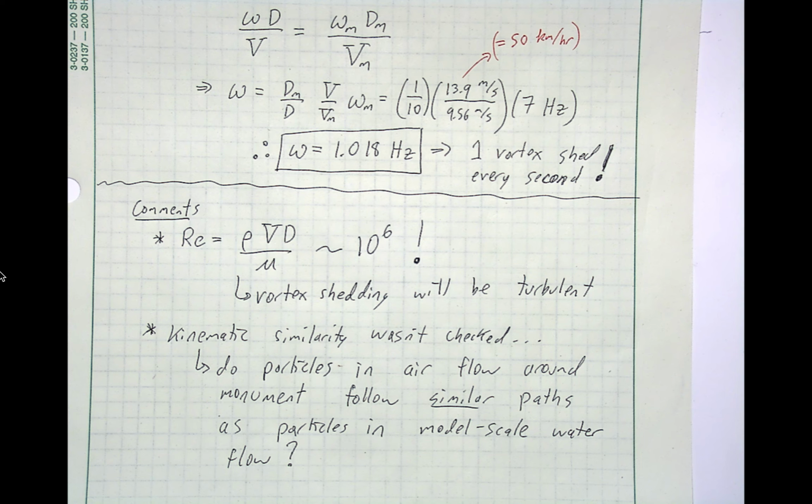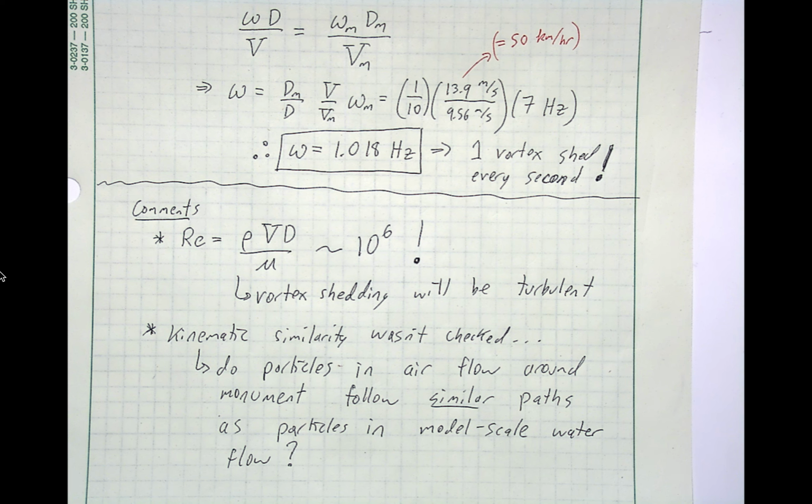The other comment to make here is that we never did check kinematic similarity. We checked geometric similarity by scaling down all length scales of the monument similarly. We then checked dynamic similarity by making sure our Reynolds number was the same. But we didn't check kinematic similarity, and this would require making sure that the general flow structure doesn't change when you go to your model.